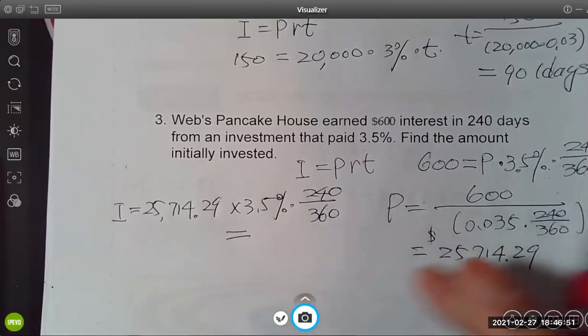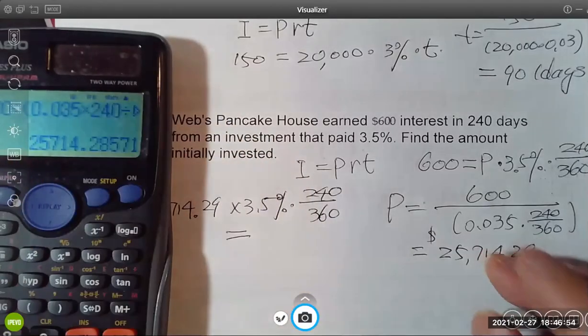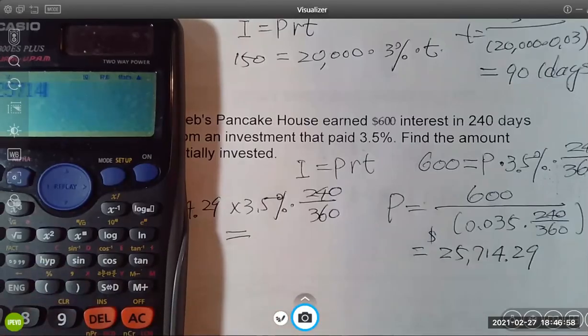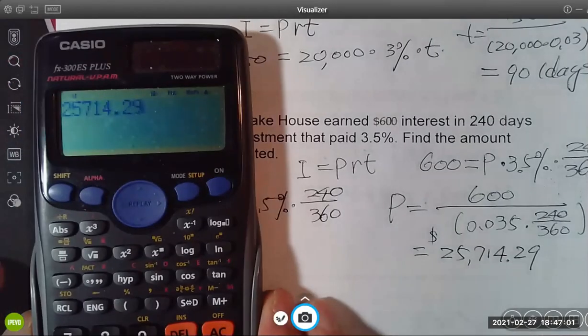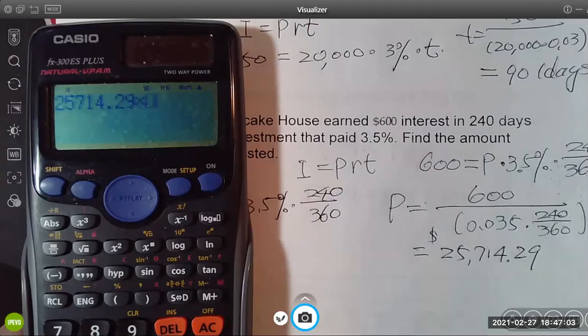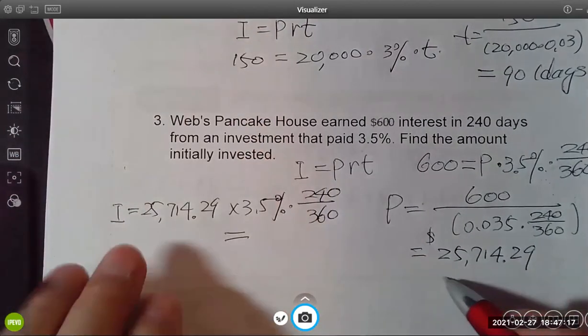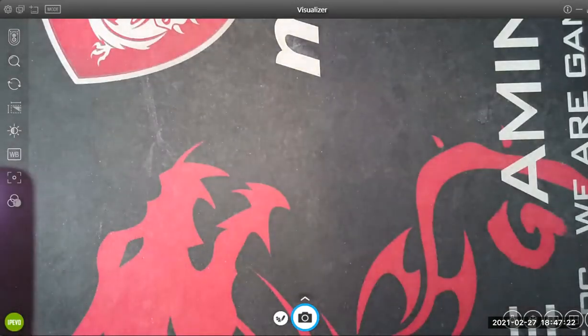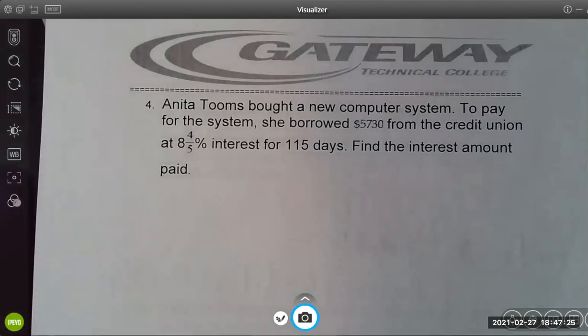Let's see if we get $600. 25,714.29 times 0.035 times 240 divided by 360 equals, yeah, almost no error. So that's right. That's the right answer. The last one, let's look at this one.